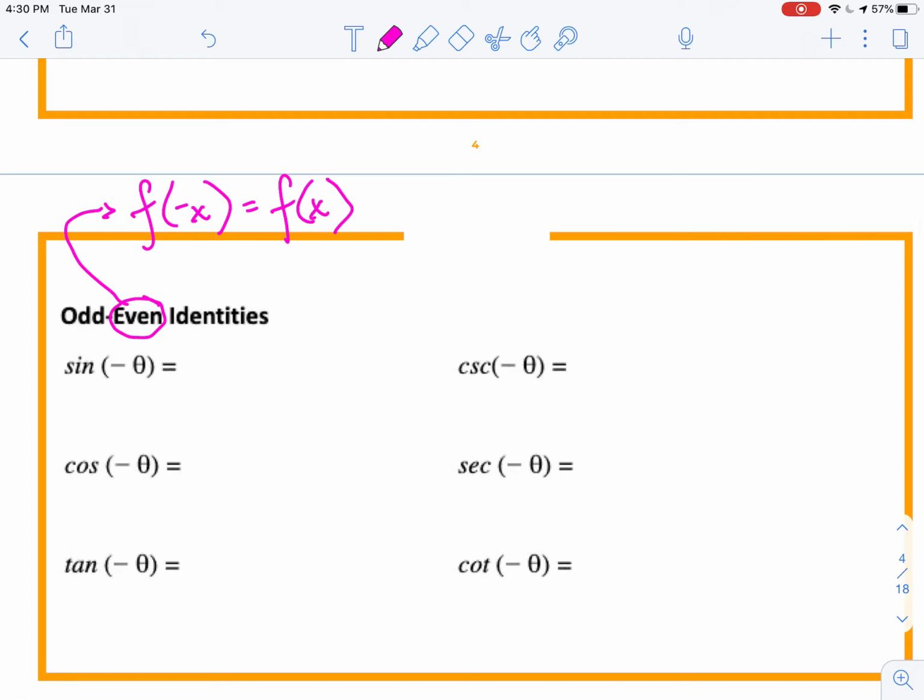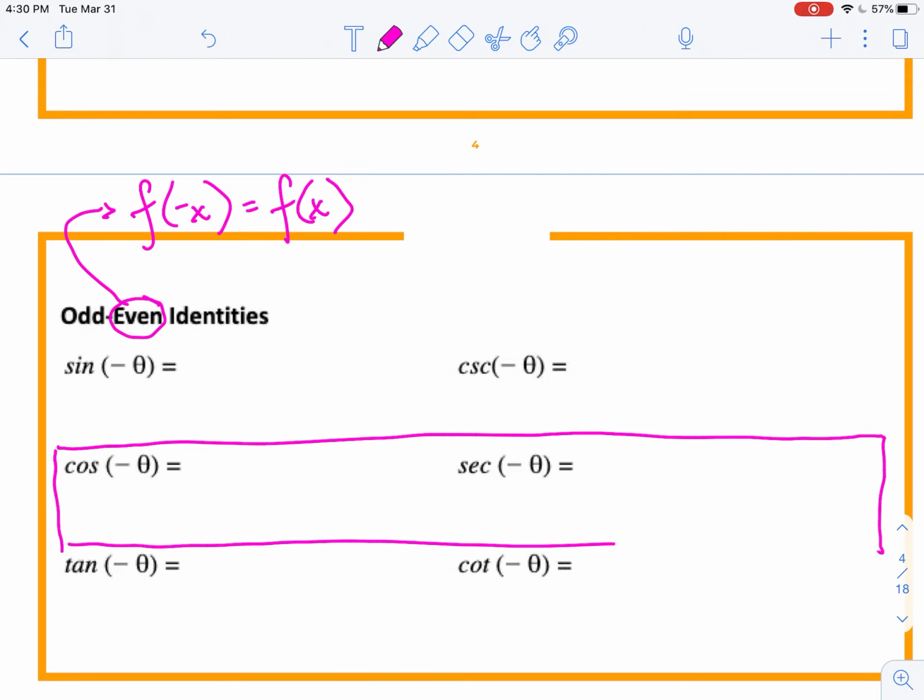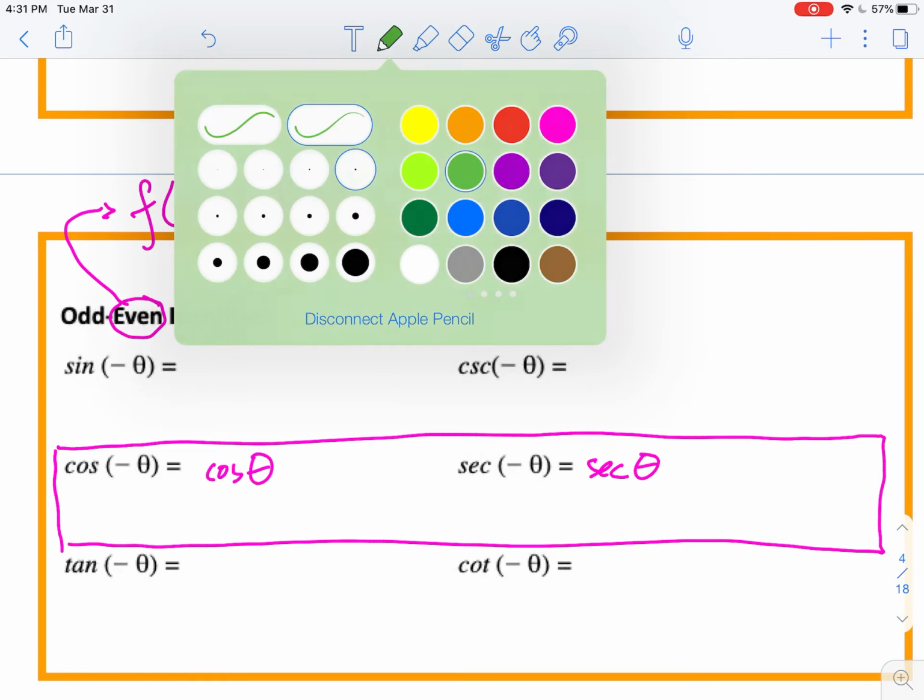And so if we think about which trig functions are even, we'll find that cosine and its reciprocal function secant are even functions. And if we apply that even definition, we'd find that cosine of negative theta equals cosine of theta, and that secant of negative theta equals secant of theta.